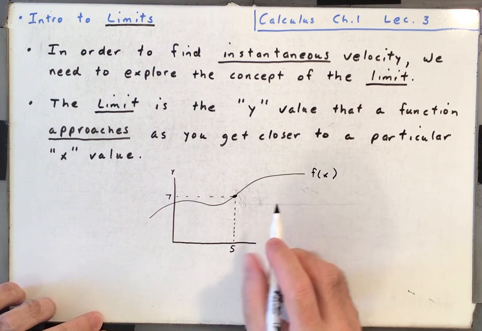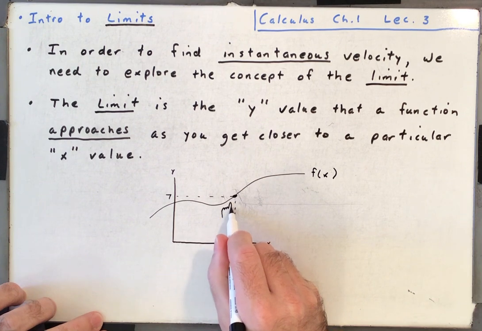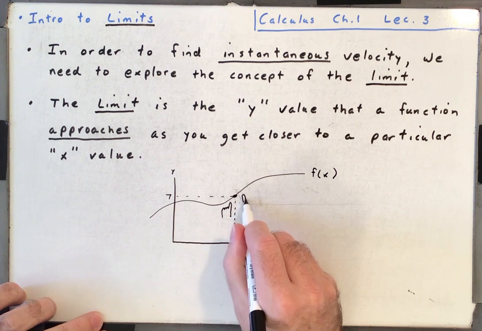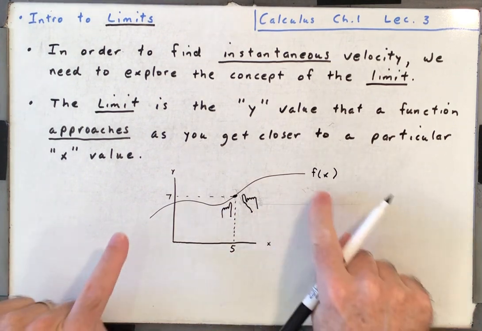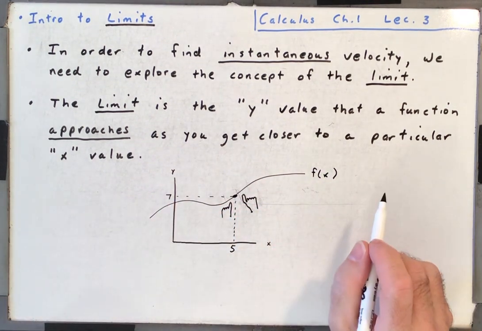And we want to think of it as like your hands. Let's say you're tracing the line with your index fingers, like this. That's the way you want to test a limit.